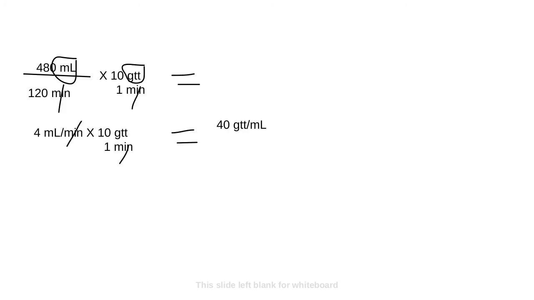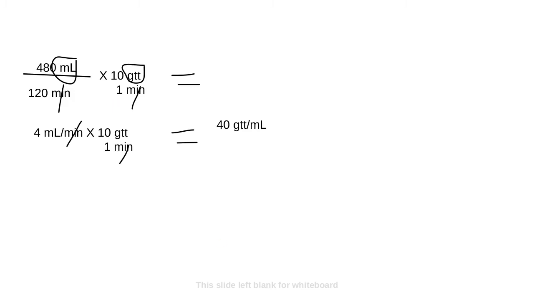So just a little overview, we have the volume to be infused. Units do have to be the same, and I'll show you. Let's go back quickly to how that worked out. On the top part, it appears that it doesn't work out.